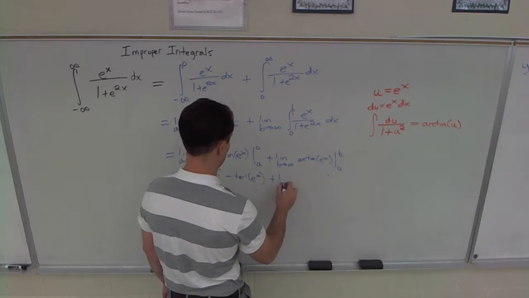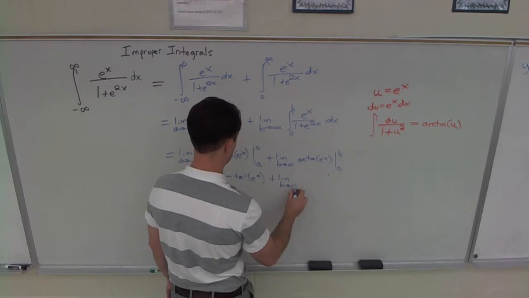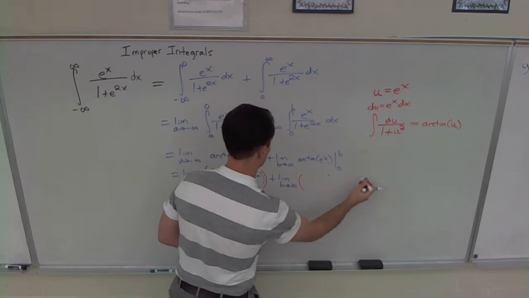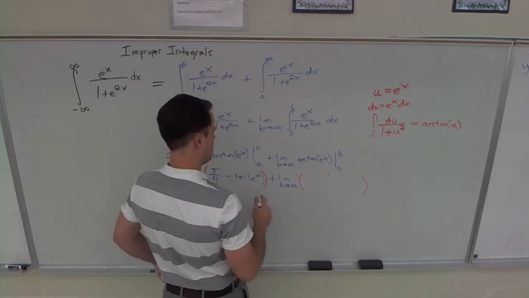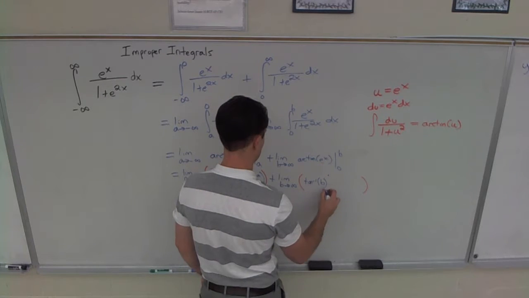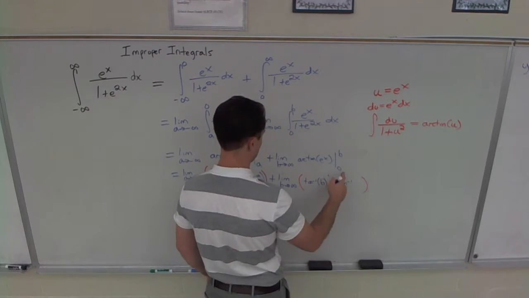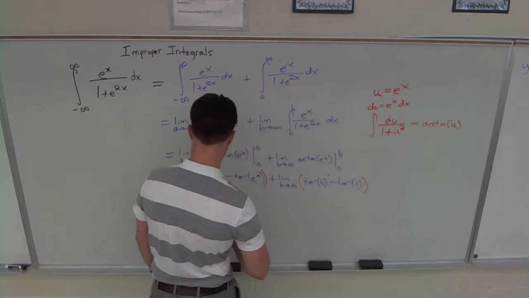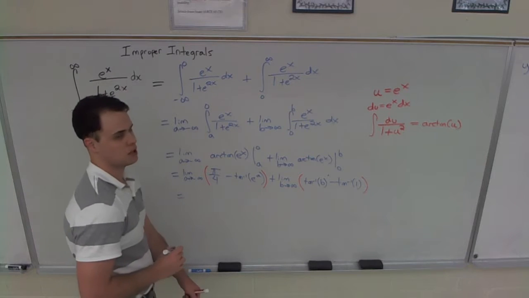And over here I'm going to have plus the limit as b approaches infinity. Maybe I should put some parentheses around these. So if I put b in, then I'm going to have the inverse tangent of b there, minus the inverse tangent. If I put 0 in, I'm going to have the inverse tangent of 1 there. So what's this going to actually equal?